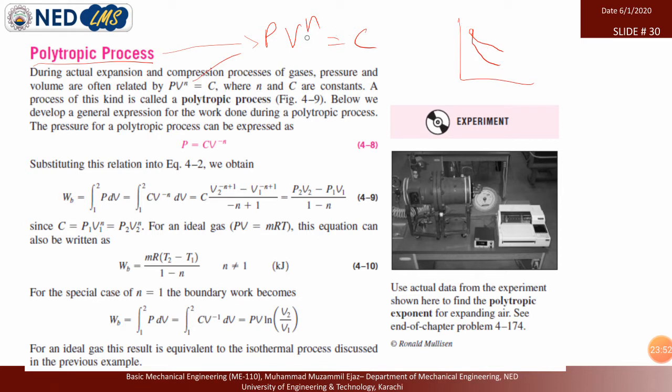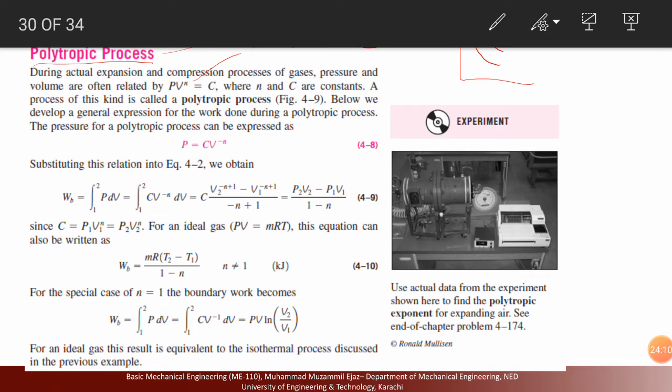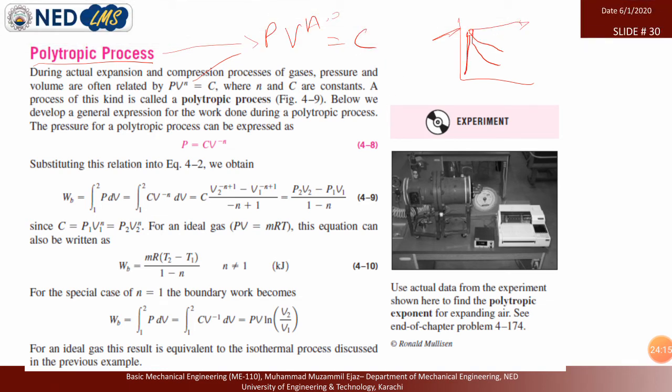And when, let's suppose, n is equal to 0, then what happens? V power 0 becomes 1, so P is equal to C. Pressure becomes constant, so it becomes an isobaric process. And when n becomes infinity, it becomes an isochoric process.